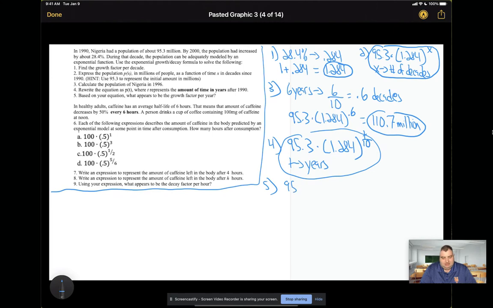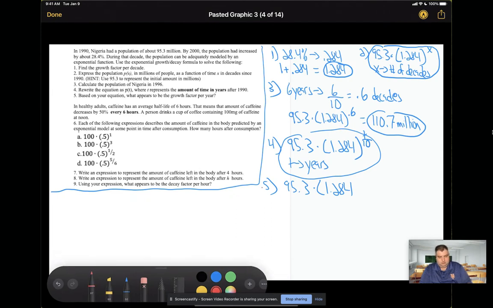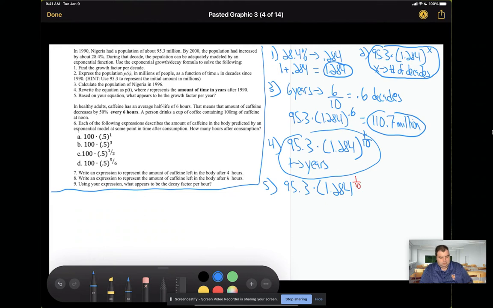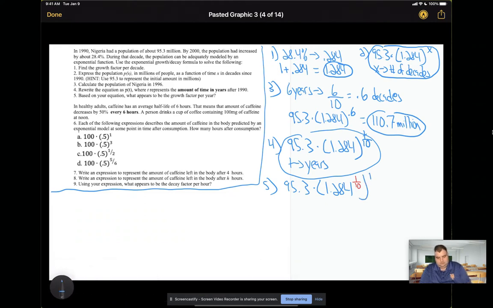I'm going to take my equation from number 4 and I'm going to rewrite it like this. So look at what I did here.